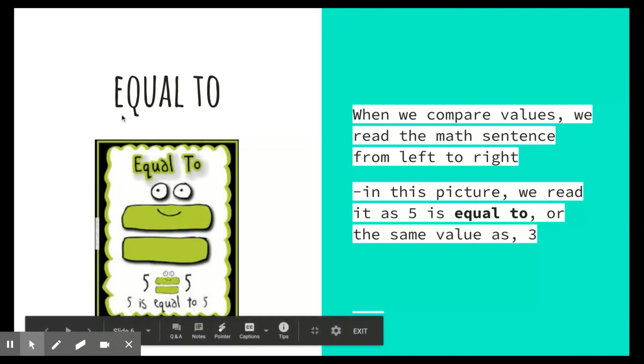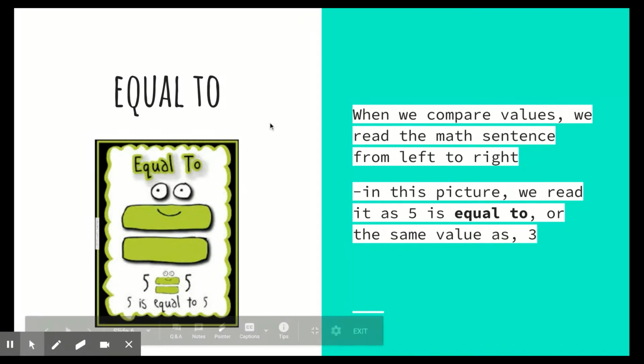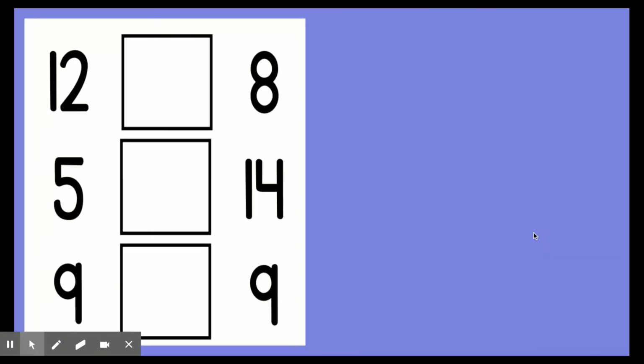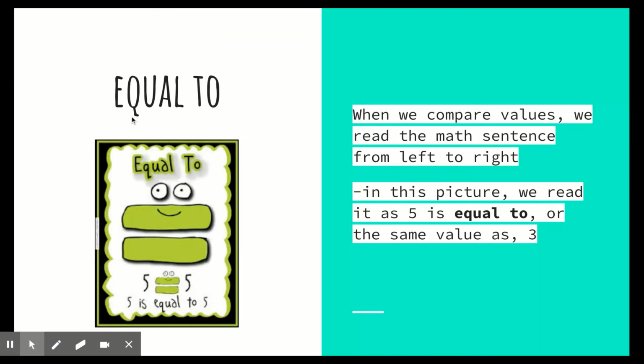Equal to. Equal to is nice. It's pretty straightforward. When you see the equal to sign, that means both numbers on either side of the equal sign are the same as one another, okay? So in this picture right here, we read it as 5 is equal to or has the same value as 5. And I am not sure why this says 3. I am so sorry. I'm going to go ahead and change this.